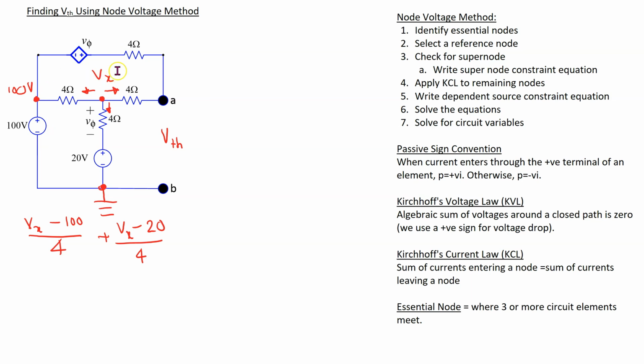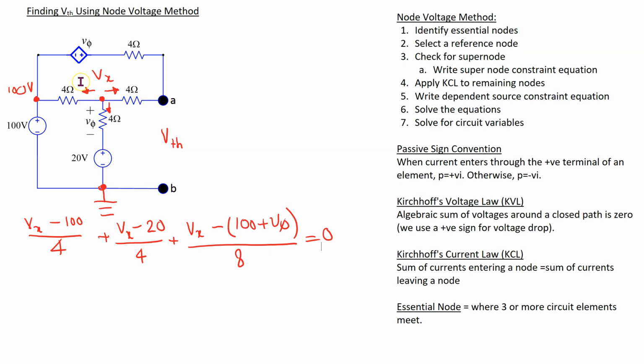So we can use this fact to write the expression for this branch current as voltage at this side, which is Vx, minus voltage at the other side of the two 4 ohm resistors, and this is 100 plus Vφ, divided by 8, is equal to 0. In this case, although we have 3 voltage sources in the circuit, there is no supernode formed.